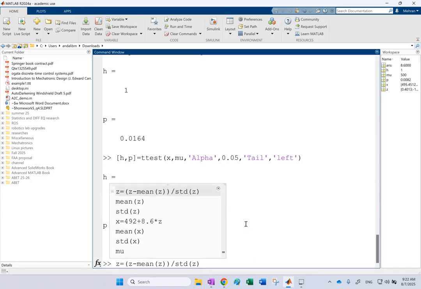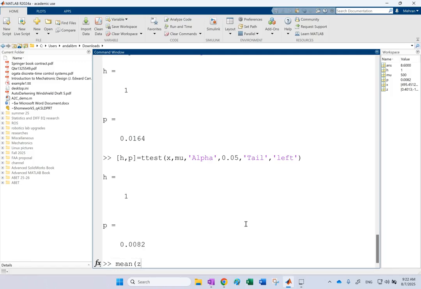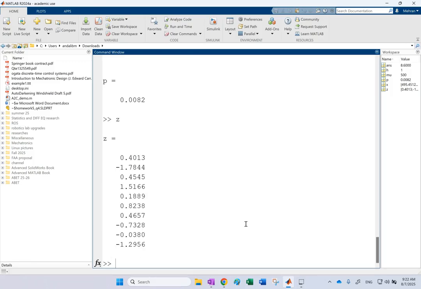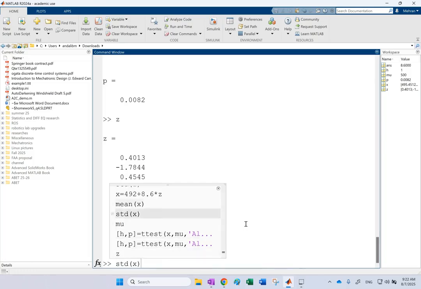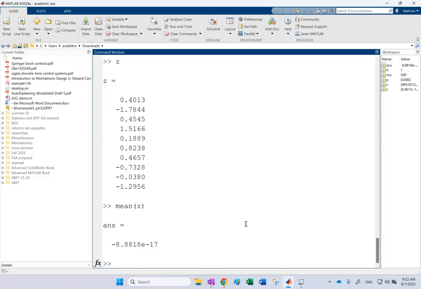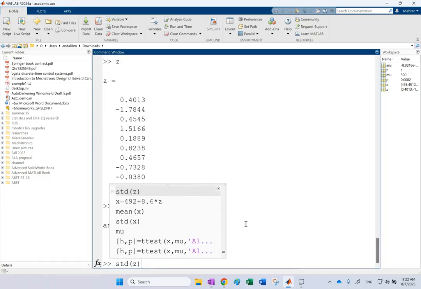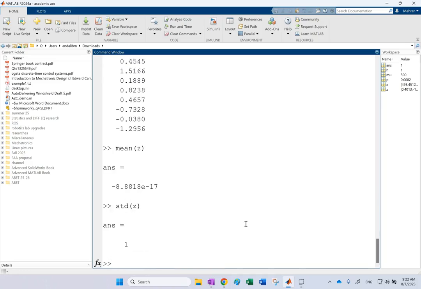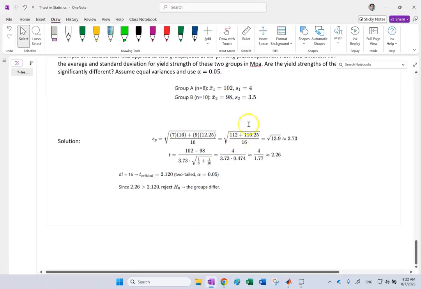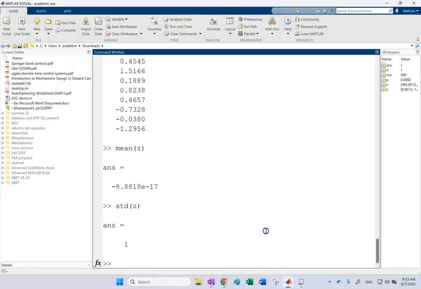So first, I go ahead and look at my z values. Remember, my z values were 10 data points, and if you remember, their average and standard deviations were good. So since there are 10 data in the z, I can use that for my second group, for group B. So I can go ahead and directly use this and multiply by 3.5 and then add the 98.